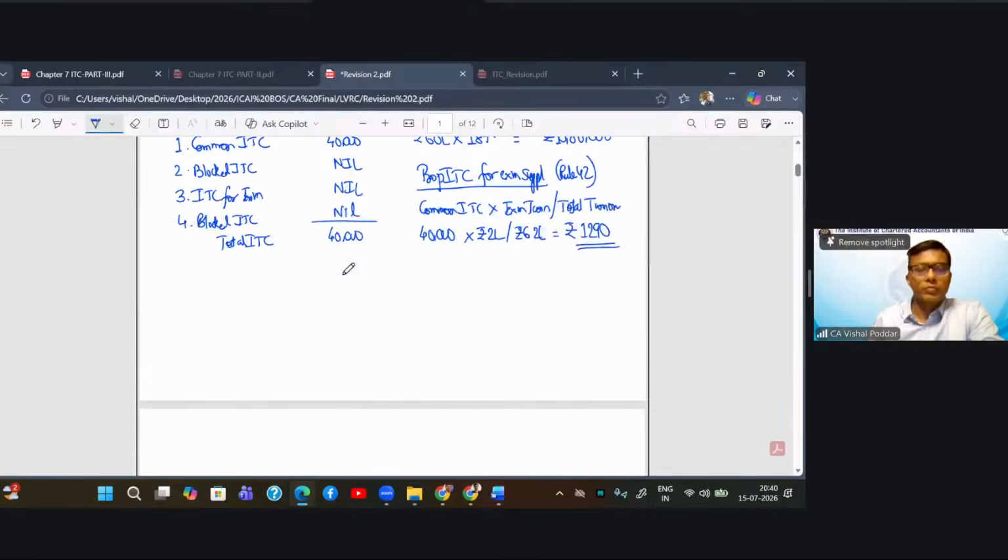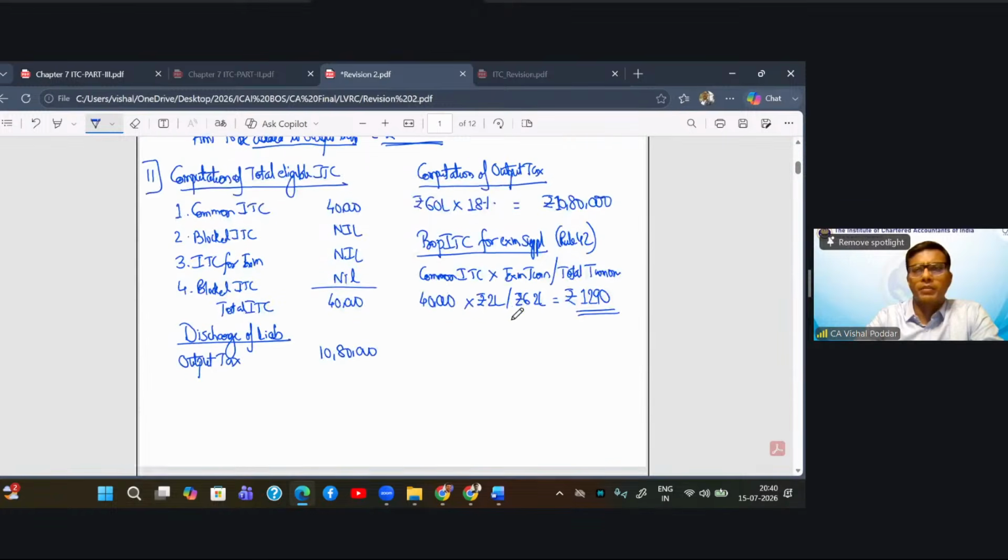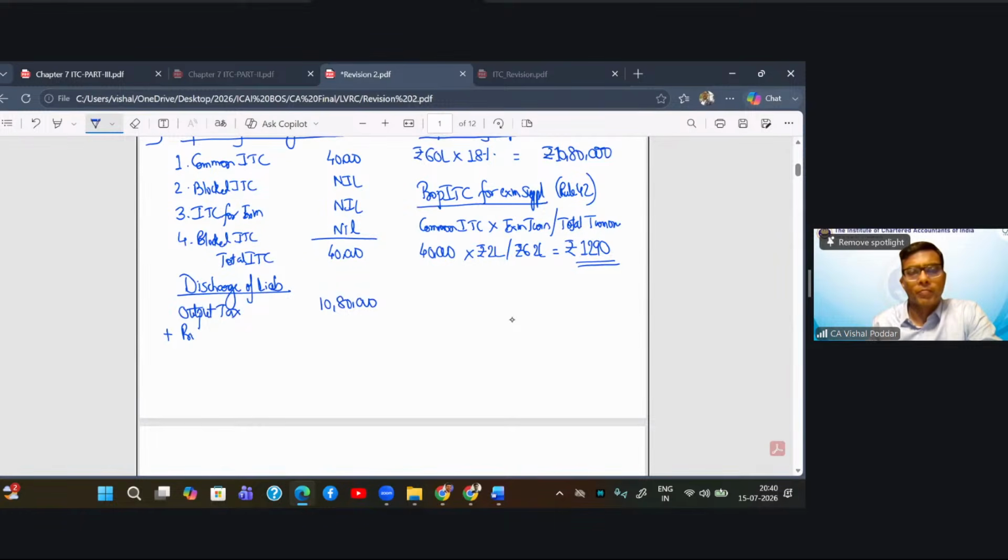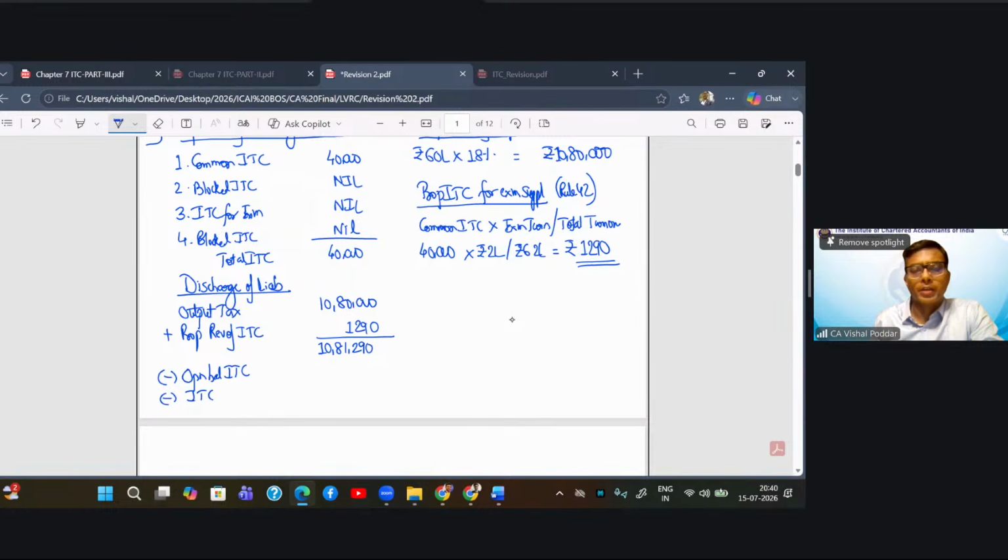Now, discharge of liability. So first is output tax 10,80,000 plus proportionate reversal of ITC 1290, minus opening balance and minus ITC availed. So availed is 40,000.